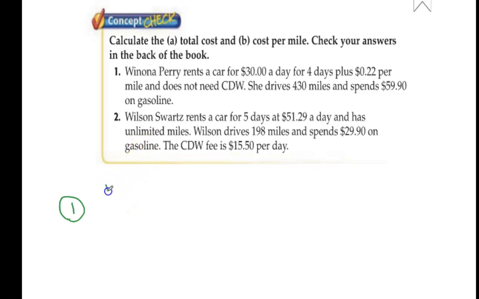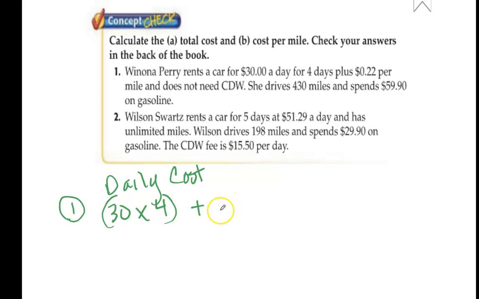So the daily cost, remember, is 30 times 4. Then I'm going to add 22 cents times how many miles did they put on there? 430. Okay, so remember parentheses, we're going to do this within.